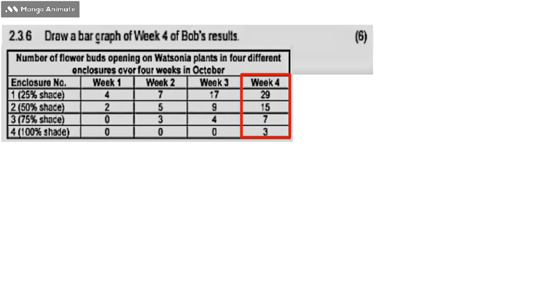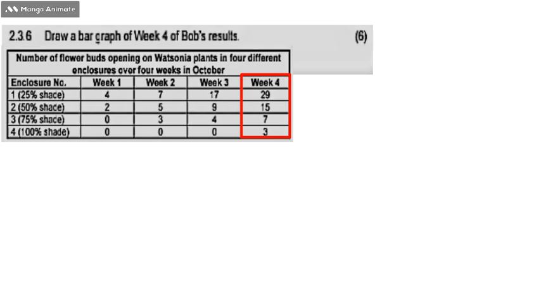The first plant, which has 25% shade, has 29 flower buds open, the second one had 15, the third one had 7, and the fourth one had 3.